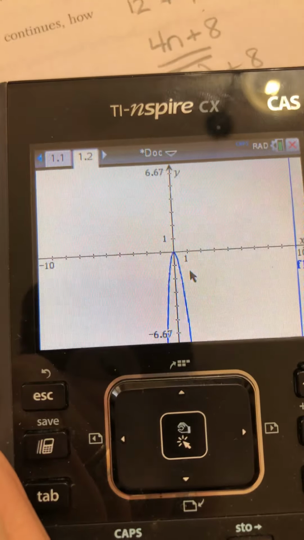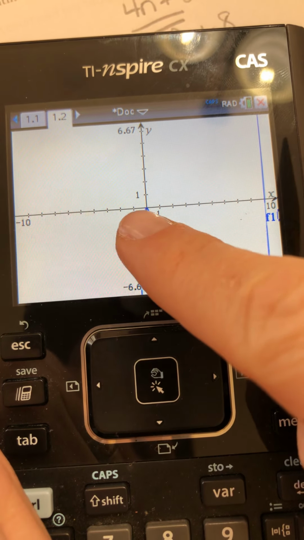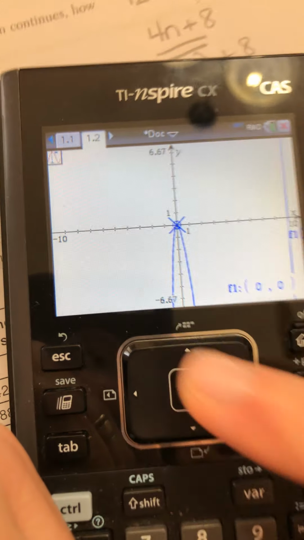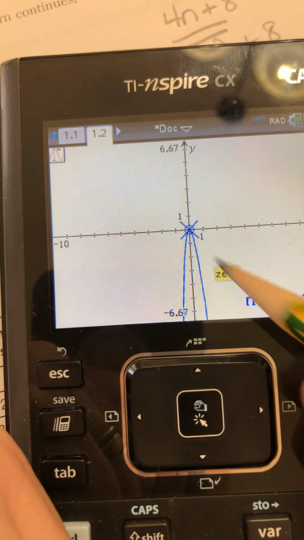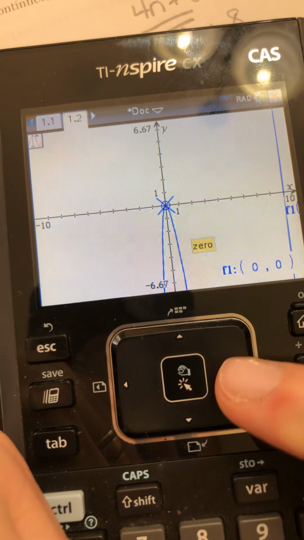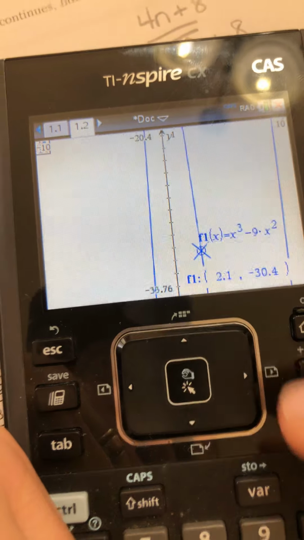Okay, there's your graph. And you're looking for the zeros, which is where the graph hits the x-axis. Menu 5-1. Remember, if you hit the up arrow, it'll tell you. So there is a 0 at 0. And then if you needed to, you could, oh, jeepers.